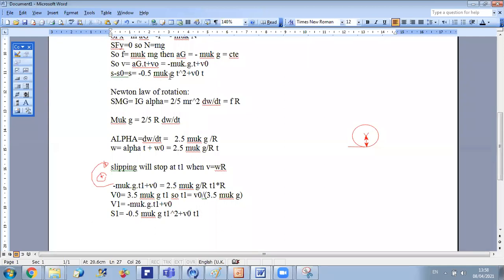Or you can also integrate the velocity function, because s is the integral of v, meaning the integral of this function is minus mu k g t square over 2 plus v0t plus s0, and s0 is equal to 0. Okay, any other question on this?